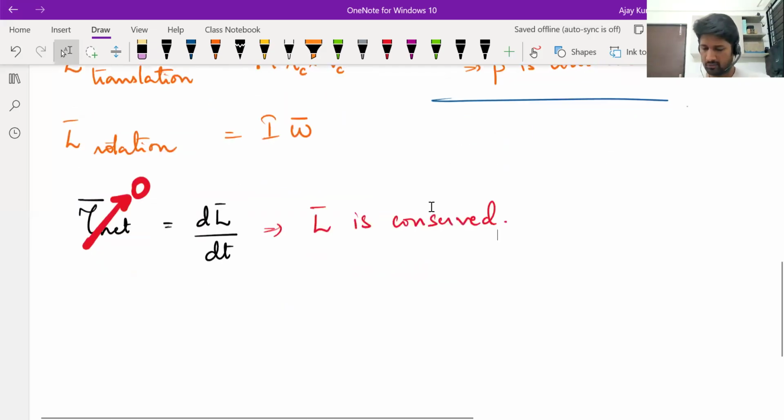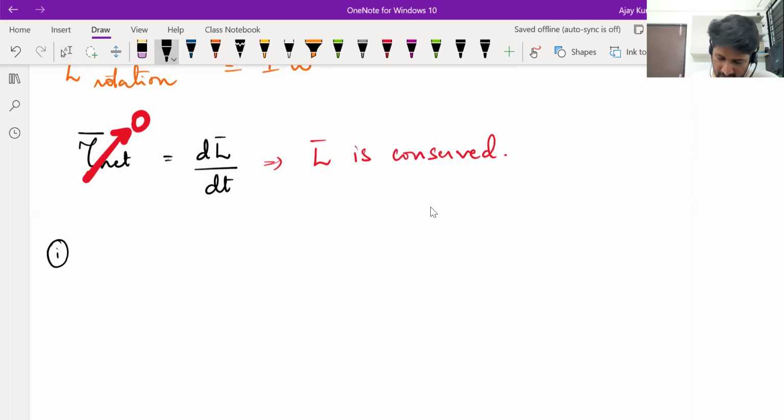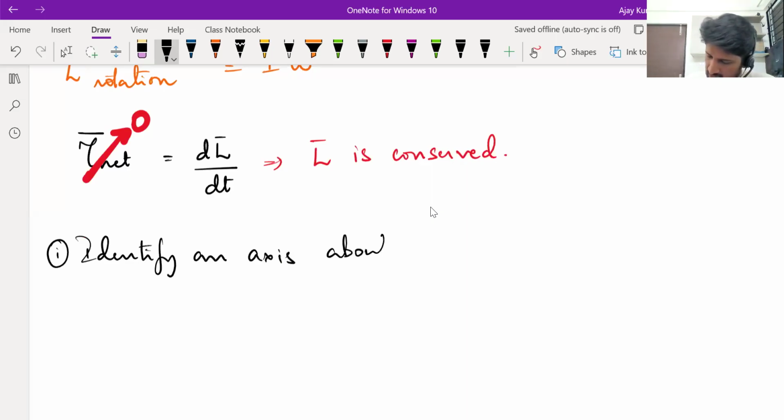Okay, and how do we apply this? First, we analyze the system. We consider what all torques act on it. Okay, and we try to identify an axis about which the net torque is 0.